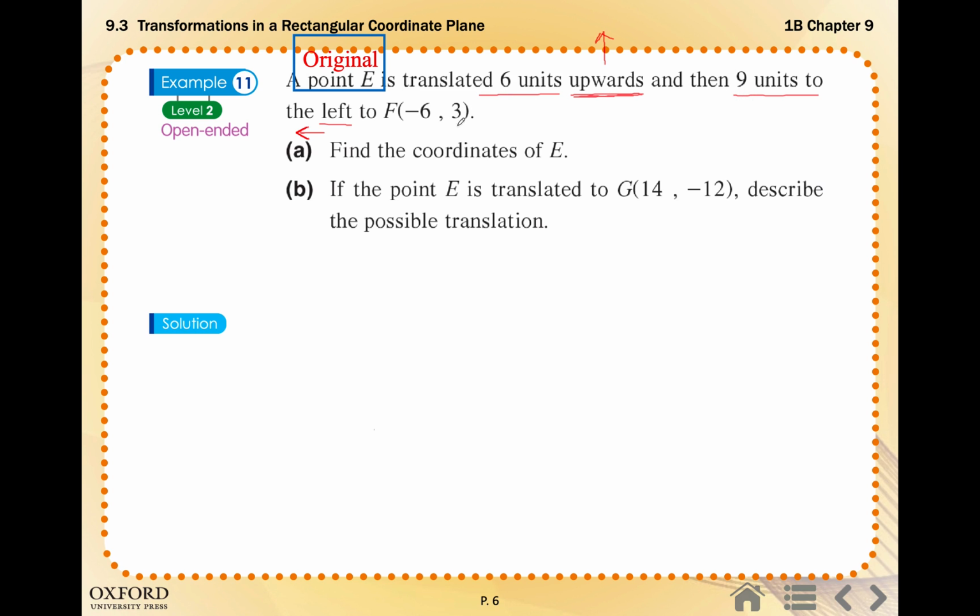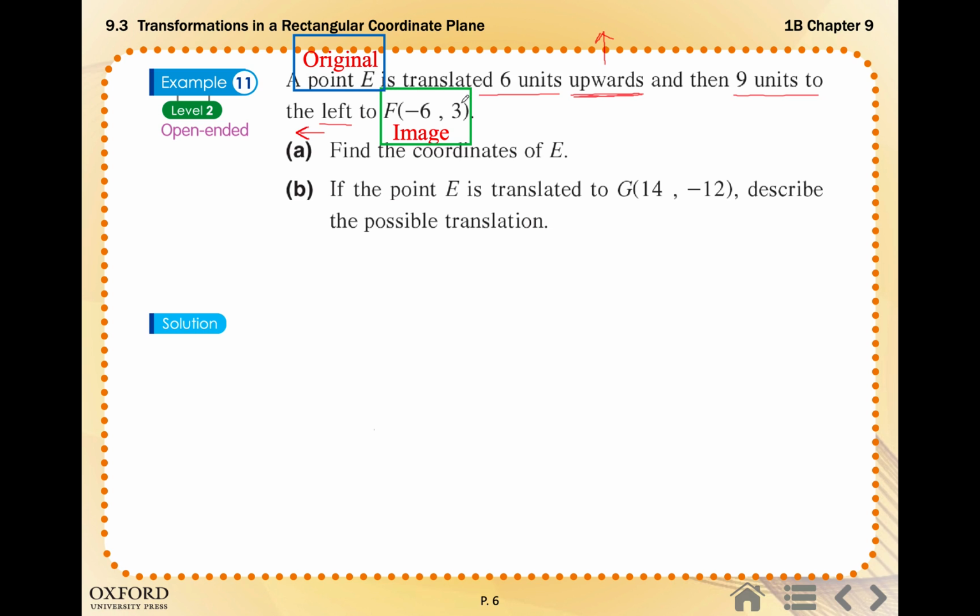And then you will reach the point F. That means now it is given the coordinates of the image instead of the original point. But in the translation that we learned before, we went from the original to the image. Now we have to do it reversely.